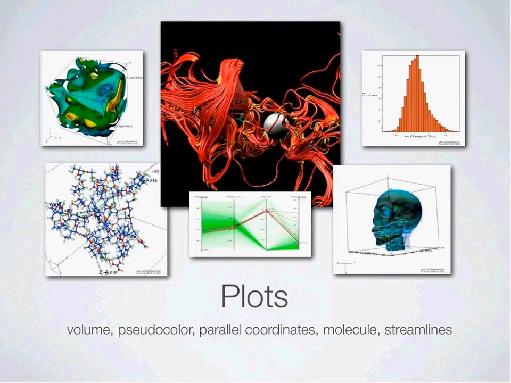This slide shows many of the representative kinds of plots you can do. We already showed these: isocontours, molecular, vectors, parallel coordinates, volume visualization, and even the basic 2D info viz kind of graphics like diagrams, bar charts, and that kind of thing.